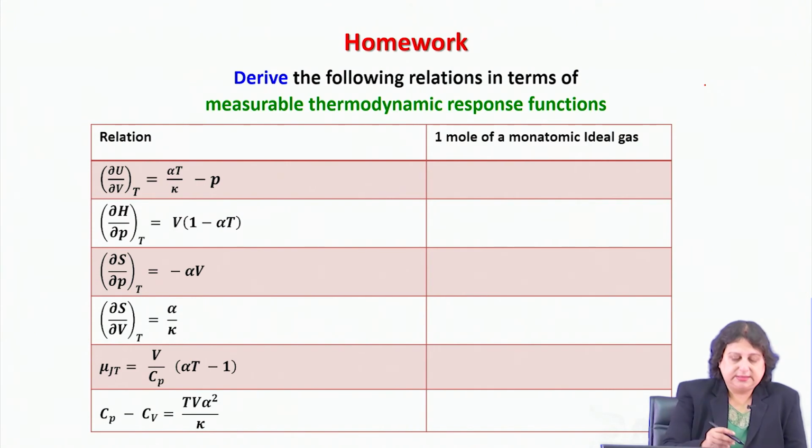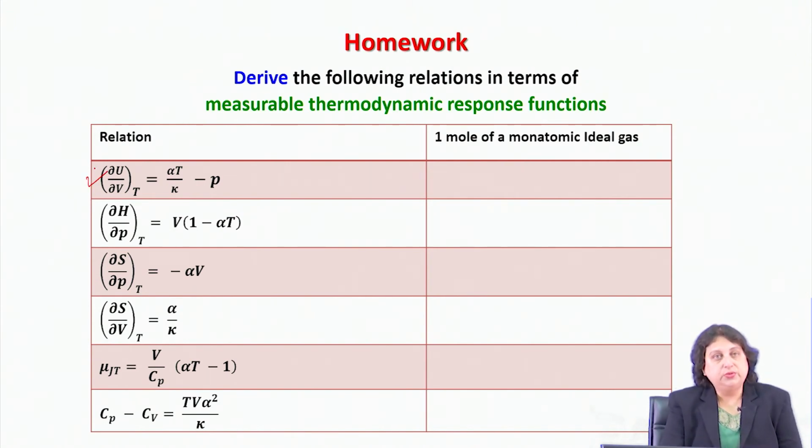Then I am essentially asking for the value of del U del V at constant T, which is nothing but the internal pressure of the ideal gas. Now, if I put in the values of alpha, T and kappa here for the ideal gas, I should be able to show that this value is equal to 0.